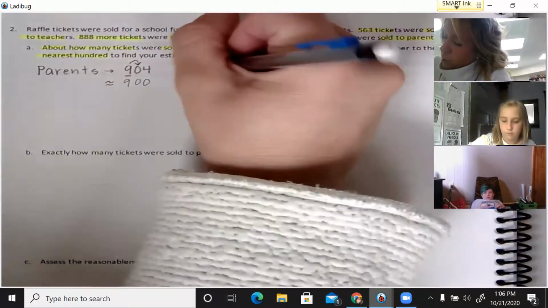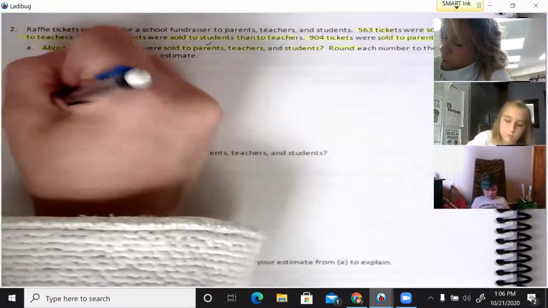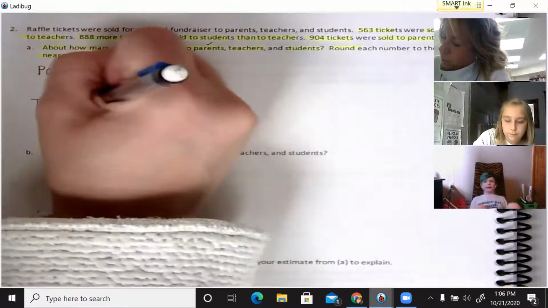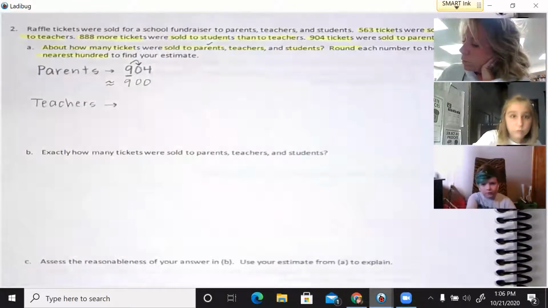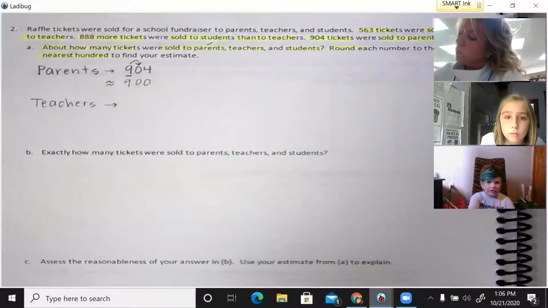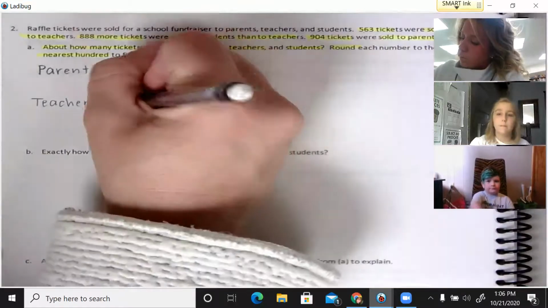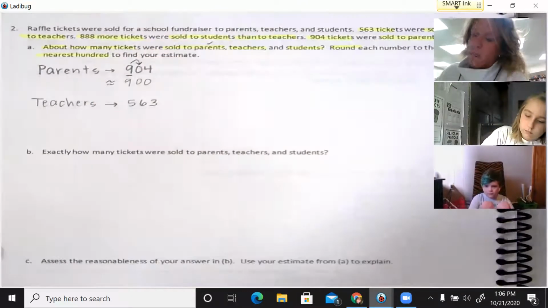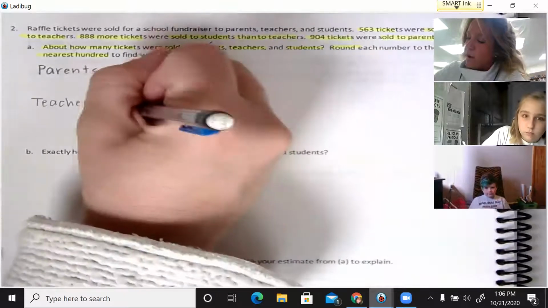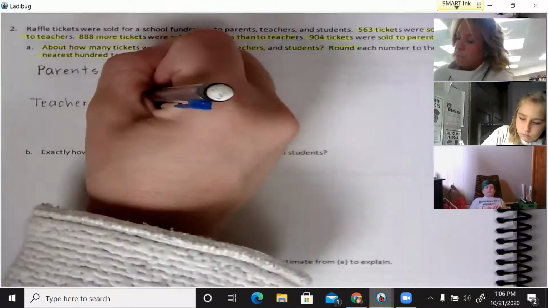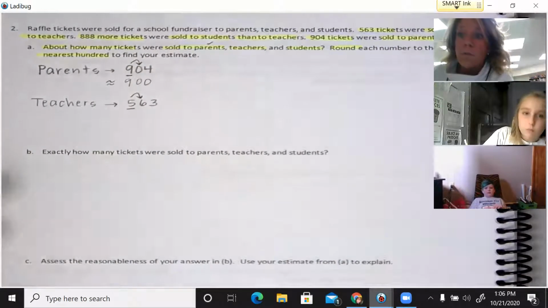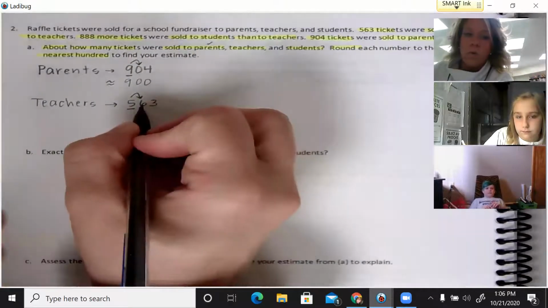Now we're going to do teachers. What do we know about the teachers? 563 tickets were sold to them. And again, we're rounding to the nearest 100. So I'm going to find my hundreds place, look next door. Now we have 5 or more, raise the score.